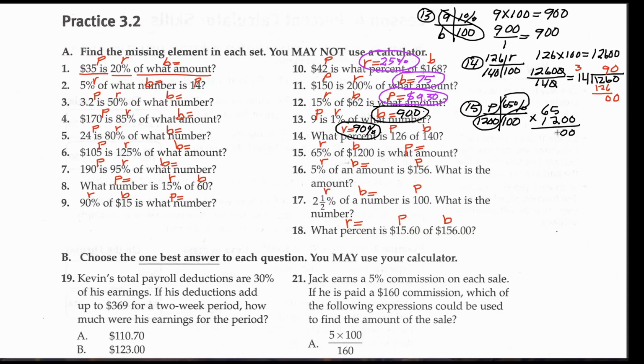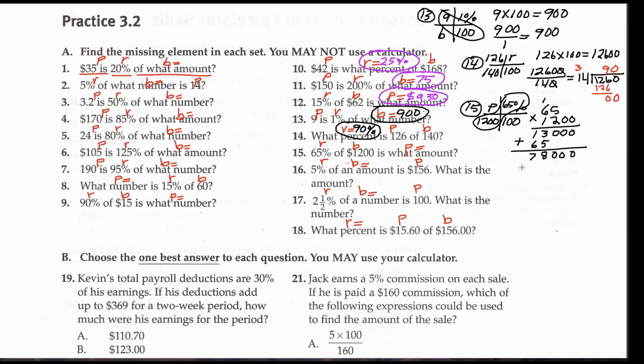2 times 5 is 10. Write only a 0, carry 1. 2 times 6 is 12. That's 13. Now, done with the 2. 1 times 5 is 5. 1 times 6 is 6. Okay, now plus 0, 0, 0, 8, 7. This is only step 1.